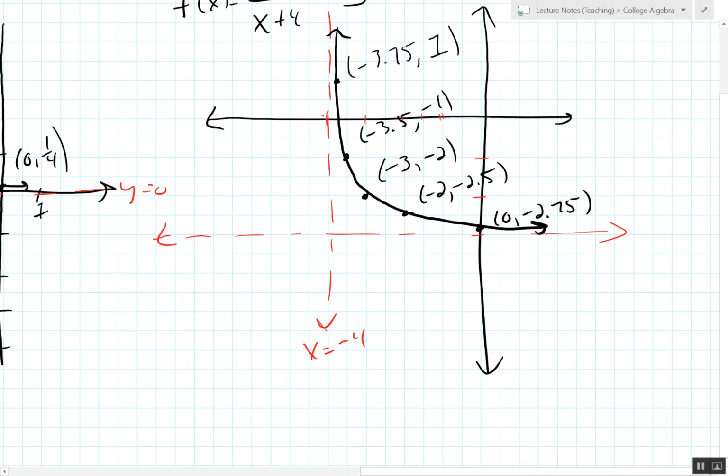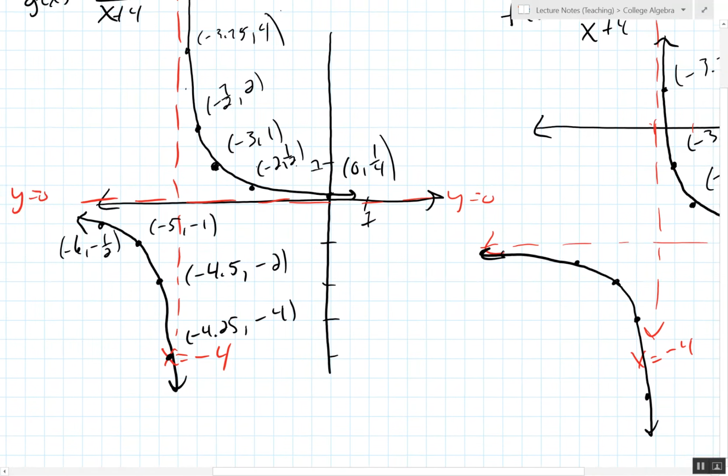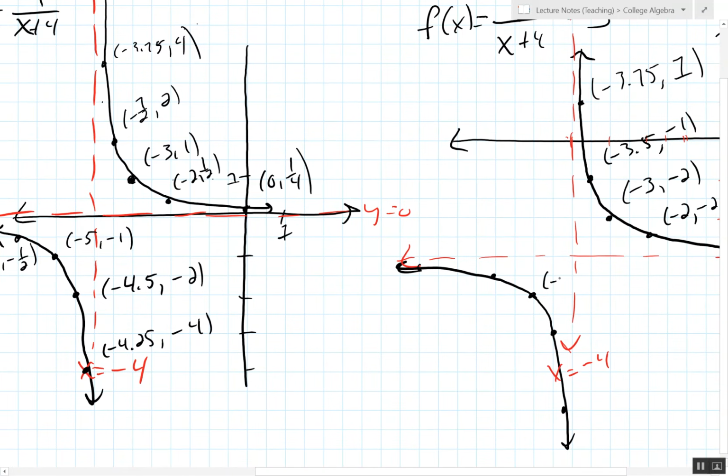Then we get similar points down here. We'll have this point, we will have that point, this point, that point. And so we'll get this part of the graph down here as well. Now let's see, this point would have been -5, -4.